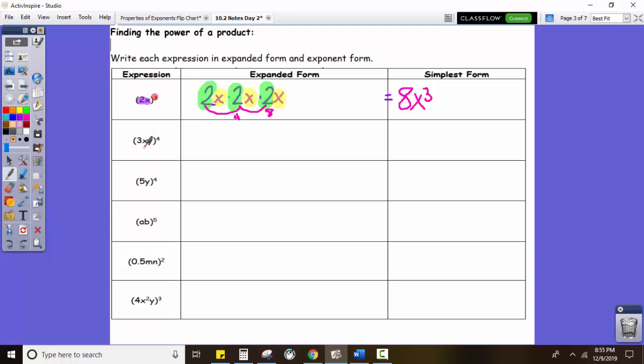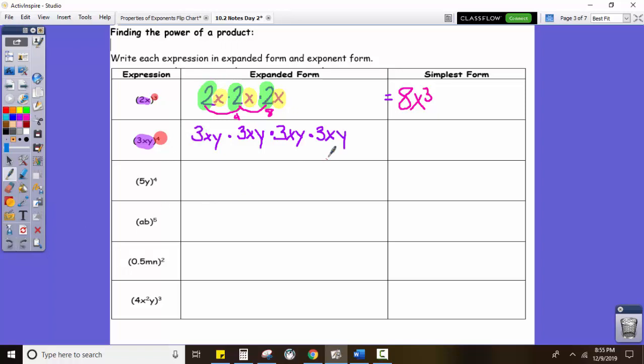Okay, next one. I have 3xy to the fourth. So remember, I'm going to do 3xy 4 times. So I'll start with 3xy times 3xy times 3xy times 3xy.